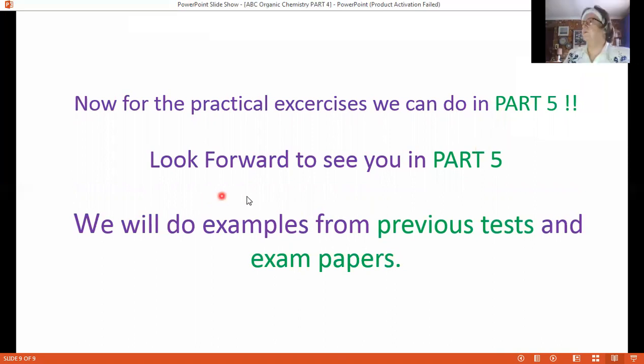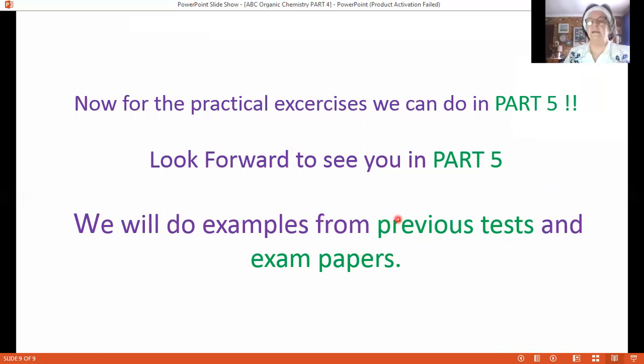So I'm looking forward to seeing you in part 5, where I'm going to take examples from previous tests and exam papers, and then I'm going to add the chains and the substituents. And then we'll have to identify the longest chain, and we'll have to recognize all the attached chains as part of the prefix.